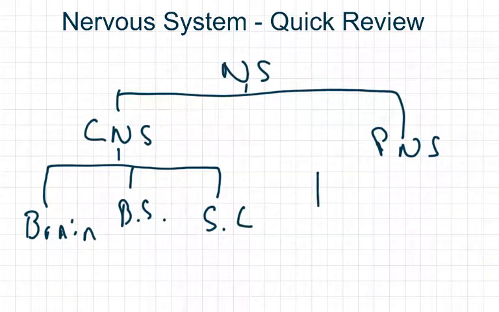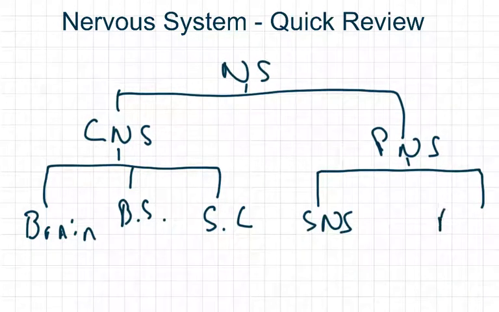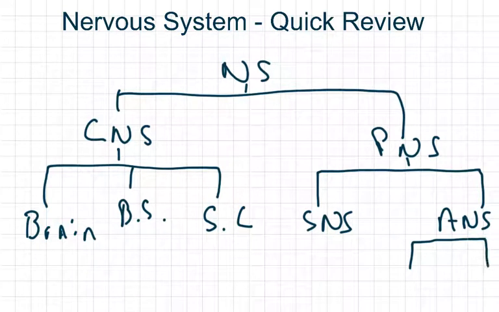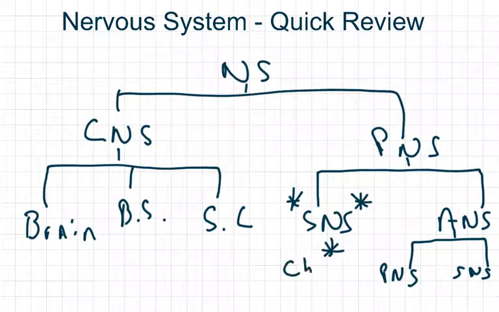The peripheral nervous system is broken down into two components: the somatic nervous system and the autonomic nervous system. Of course, the autonomic nervous system has the parasympathetic nervous system and the sympathetic nervous system. We talked about the somatic nervous system in Chapter 8 with skeletal muscle, right?